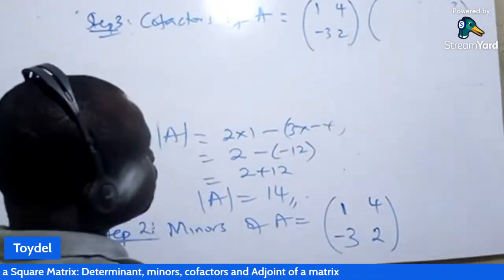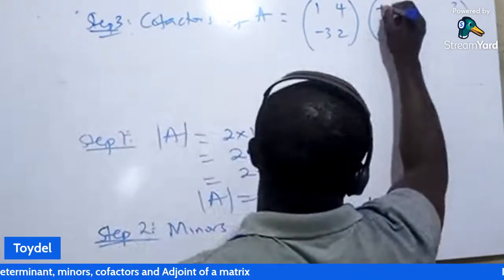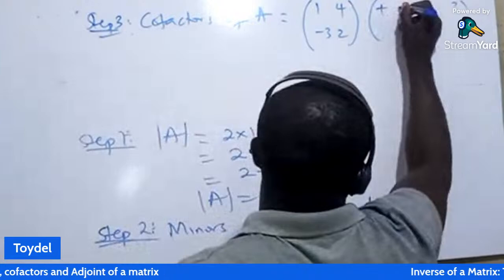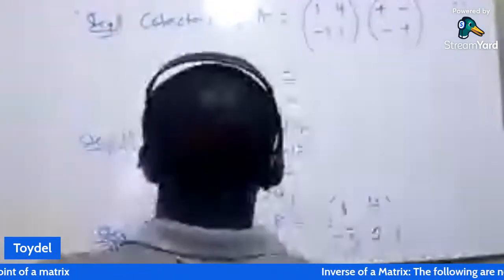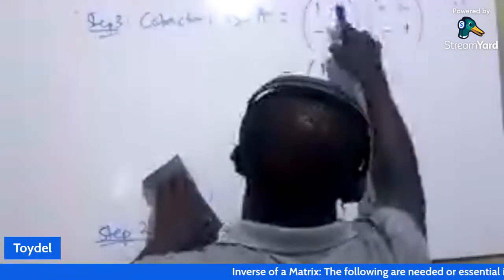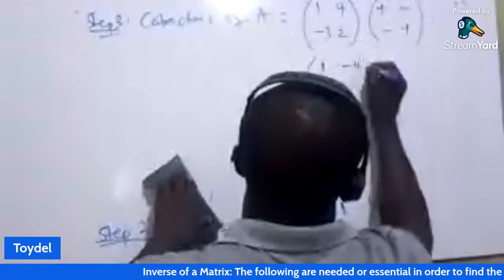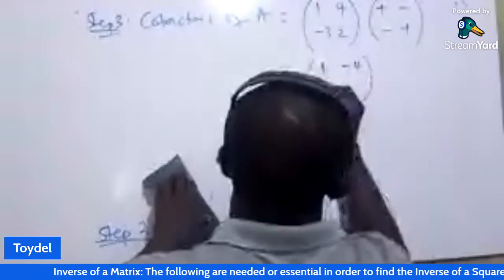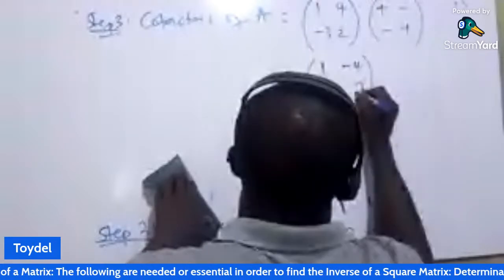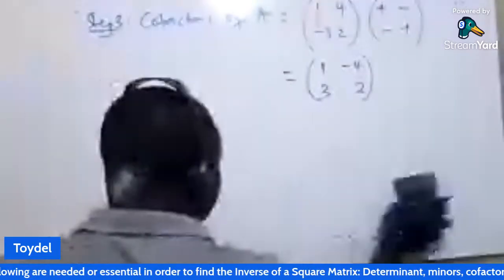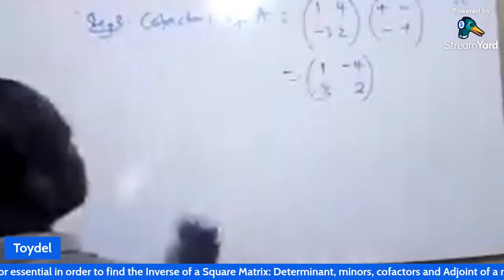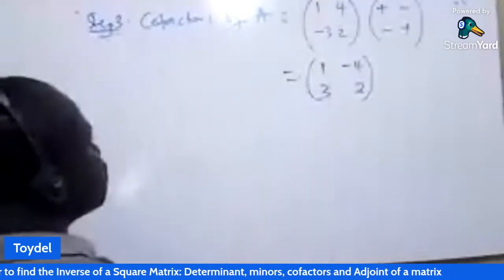Of course, if you want to get the appropriate sign, the first one is plus. In order to get the cofactor, this will be 1, this is 4, multiplied by minus, that is minus 4. The minus minus will be plus, then 2, this will be 2. So the cofactors of A is given as 1, minus 4, then 3, 2.